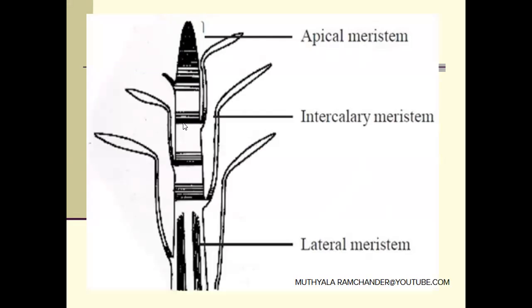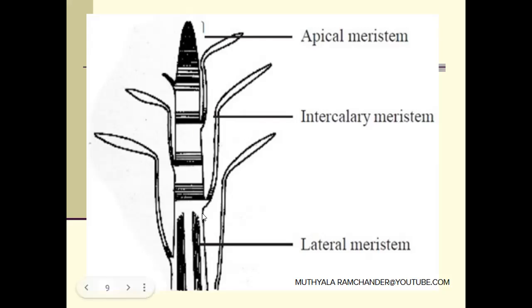At the node area of the shoot, not the root, the meristem tissues are called intercalary meristem. The intercalary meristem mainly helps in increasing the width of the node area by division.